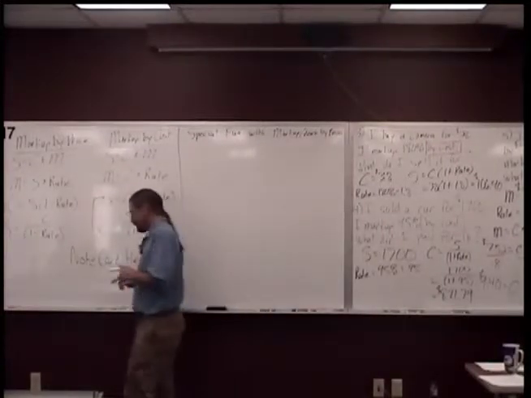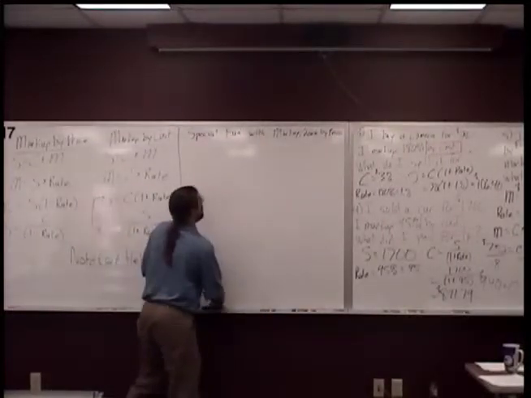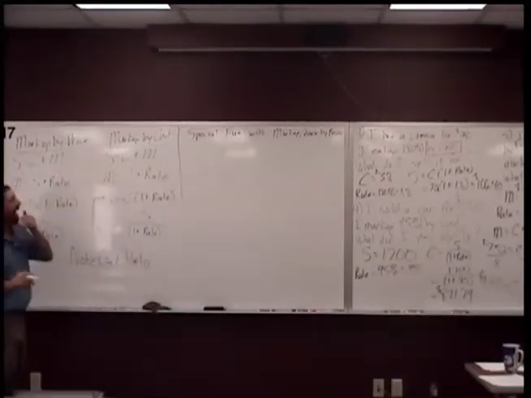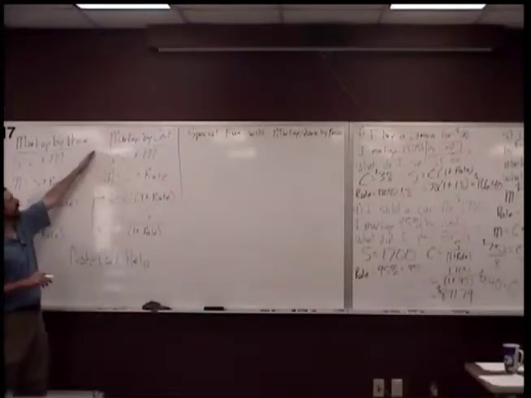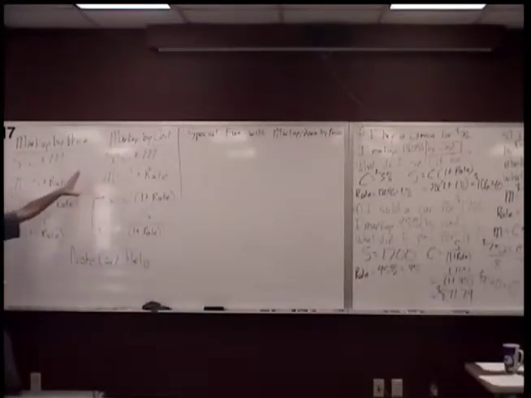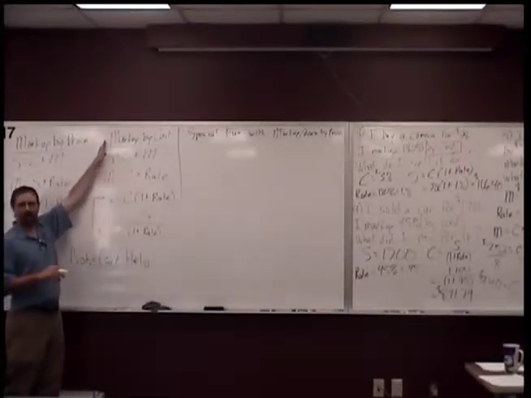All right, so again, if you remember back to Monday, we talked about what the difference is between markup by cost and markup by price. Markup by cost tends to be firms where you mark up the price once, and then you stop, and you never change it, right?